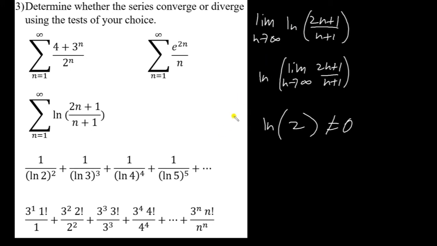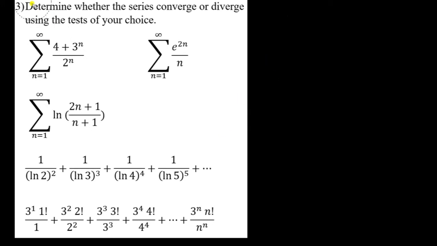Okay, so notice for the next two series here, they're not given to us in the normal form, so we're going to have to put them in there ourselves. So let's look at this first one. We have 1 over the natural log of 2 squared, 1 over the natural log of 3 cubed, 1 over the natural log of 4 to the 4th, and so on and so on. So if we wanted to write this in our sigma notation, notice we're starting with n equals 2 here.